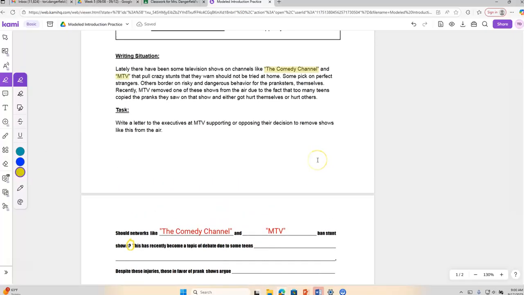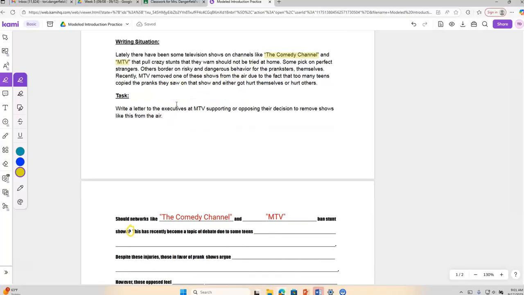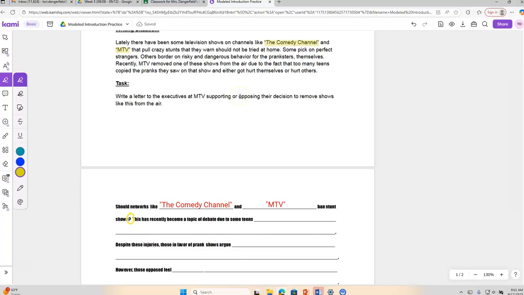So we're going to go back to the prompt and see what have some teens been doing as a result of these shows. So if I look again at the very first sentence, it says, lately there have been some television shows on channels like the Comedy Channel and MTV that pull crazy stunts that they warn should not be tried at home. Some pick on perfect strangers, others border on risky and dangerous behavior for the pranksters themselves.